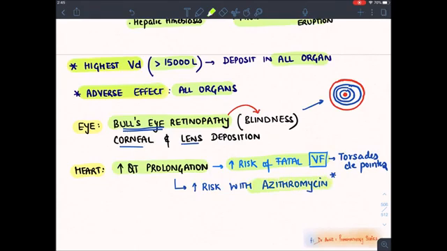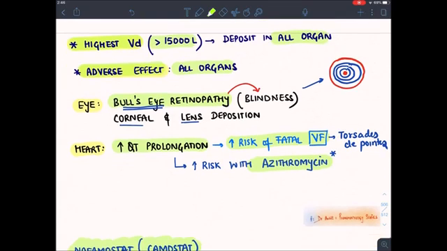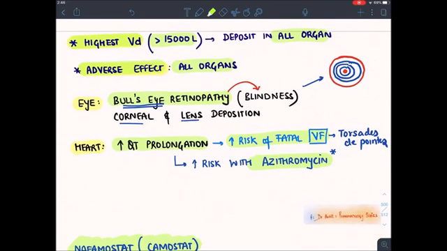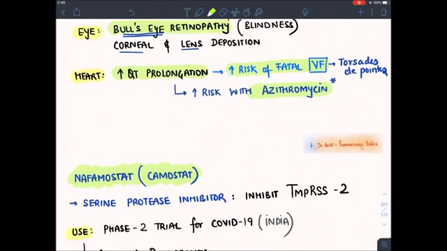A very notable example you have to remember is azithromycin. Because some countries said to use hydroxychloroquine with azithromycin. But the problem when using it with azithromycin is that it will lead to dangerous ventricular fibrillation and people may die suddenly. So now the use is generally avoided. We generally say that don't use it.